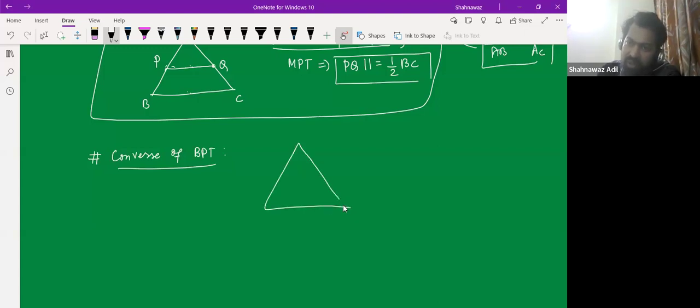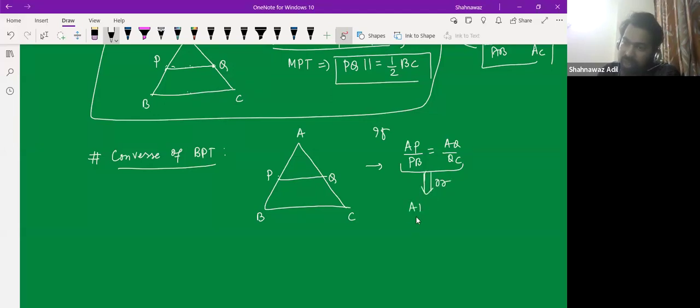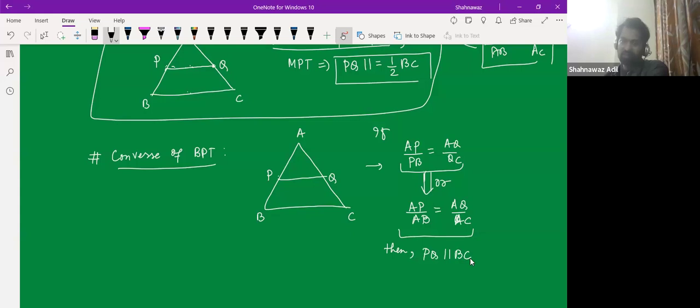It states that if in a triangle you have AP by PB equal to AQ by QC, or you have AP by AB equal to AQ by AC, then we can say that with either of these conditions, your PQ would be parallel to BC. So that was the converse of BPT, right?